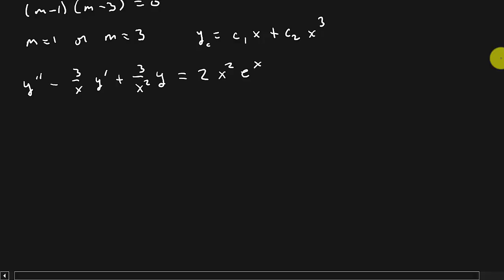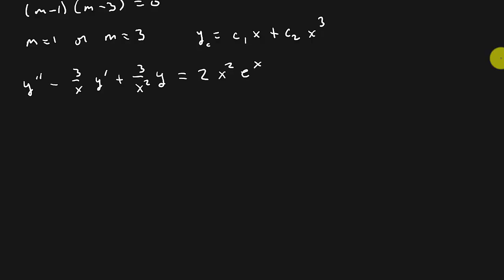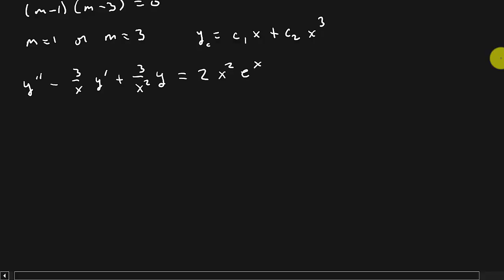All right, so now how are we going to go about solving this thing? Well, how about variation of parameters? You just did that. So we've got y1 is equal to x, y2 is equal to x cubed.